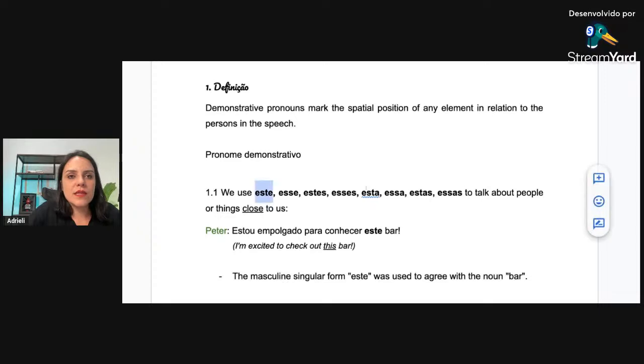These are more formal, according to the traditional grammar, and these are the forms that we use to talk about things that are close to the listener, but also it's the merged form of this one and this one, and it's the more used form nowadays.